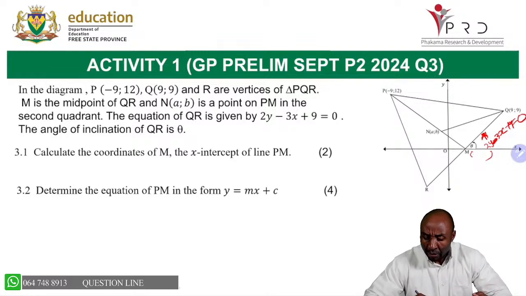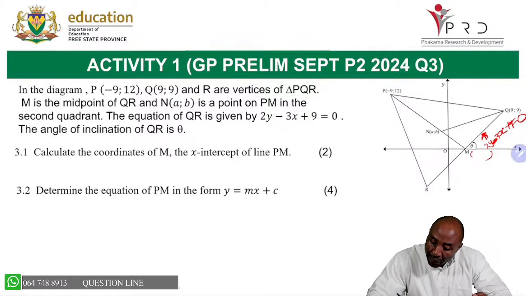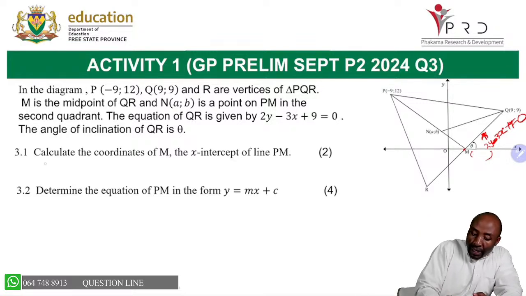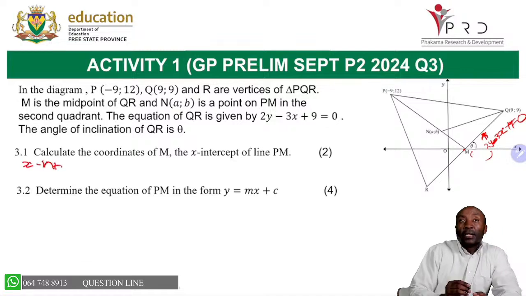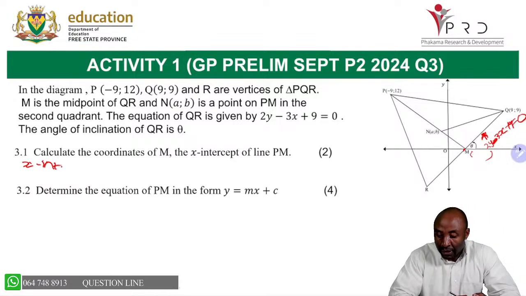So what is going to help us find the coordinates of M? If we check, M here becomes the x-intercept of the line. So if M is the x-intercept of the line, how do we find the x-intercept?